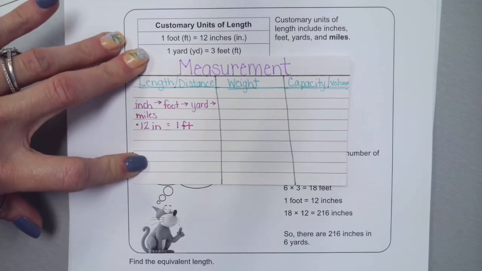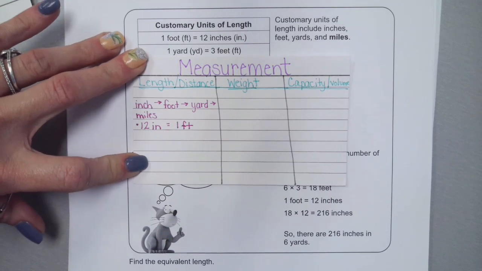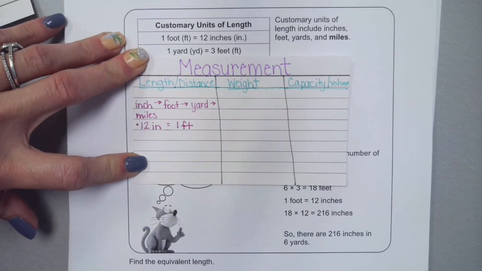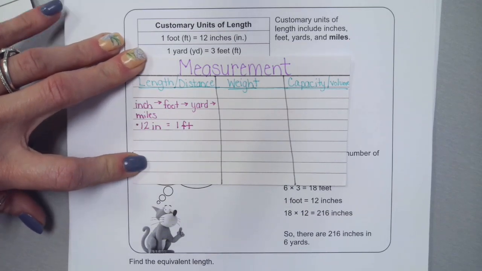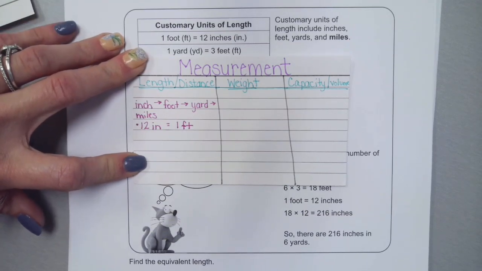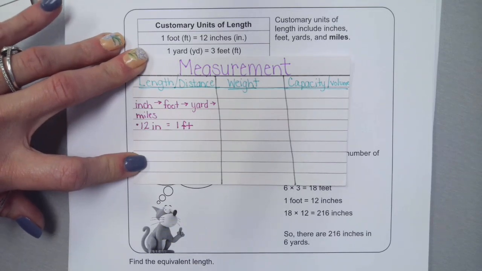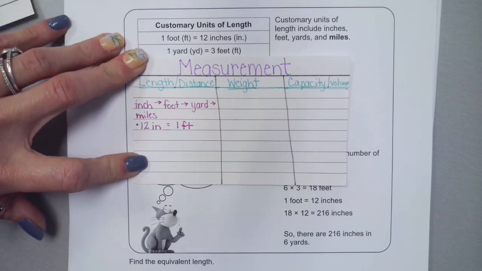So if 3 feet equal 1 yard, how many inches would equal a yard? 36.